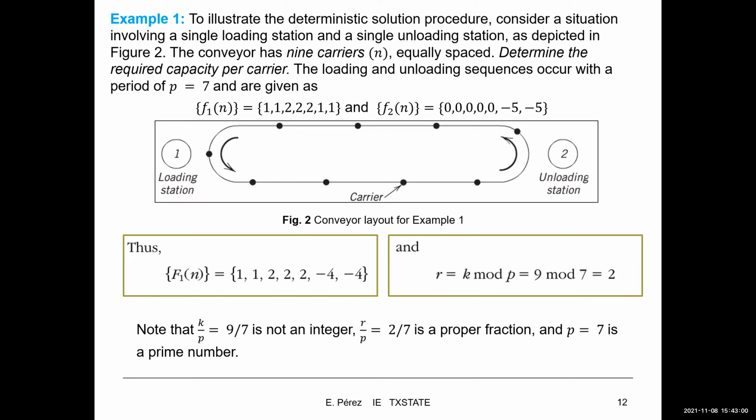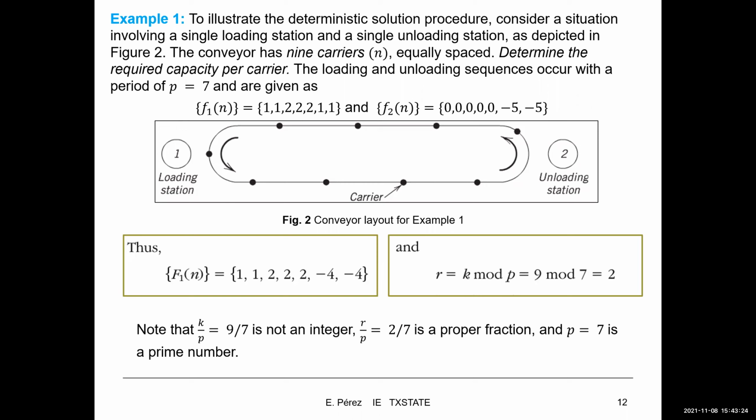The loading and unloading sequence occurs with a period of P equals 7 and are given as the following. This F1 of N is telling us that we're going to load one item first in the first car, another item on the next car, and then 2 items, 2 items, 2 items, and then back to 1 and 1.